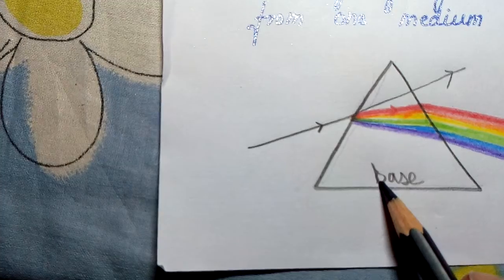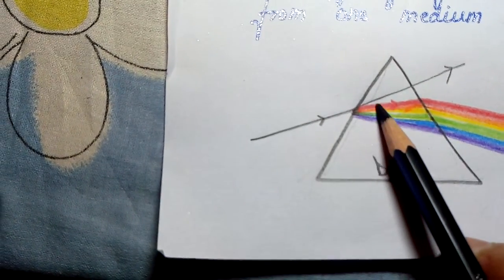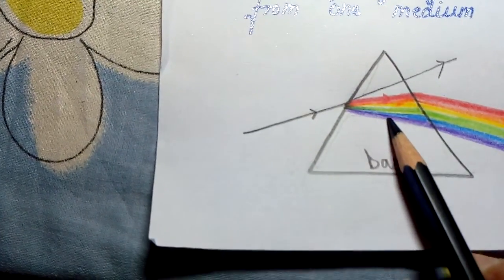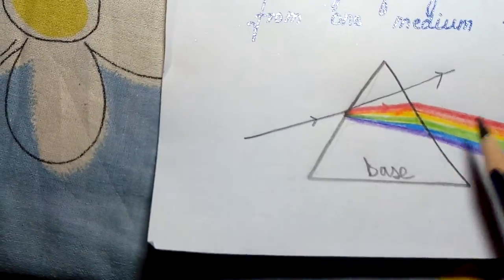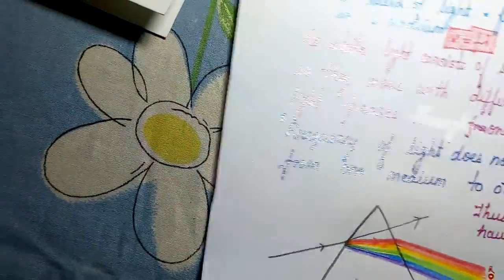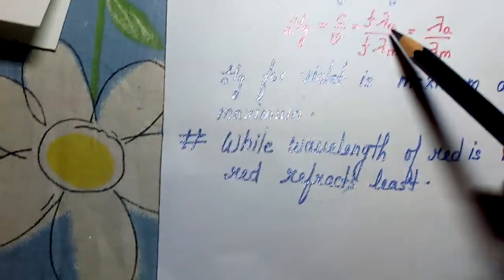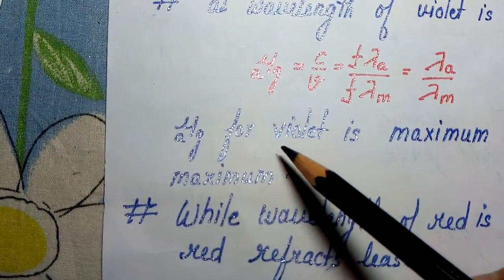Now light ray bends towards the base, but see, red light bends least and violet bends maximum. Why? Because wavelength of red is maximum.